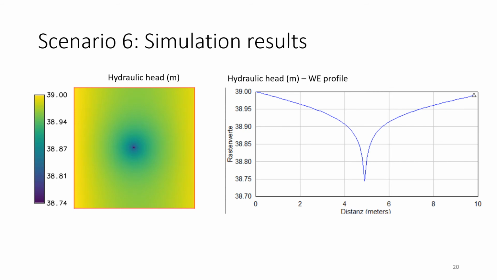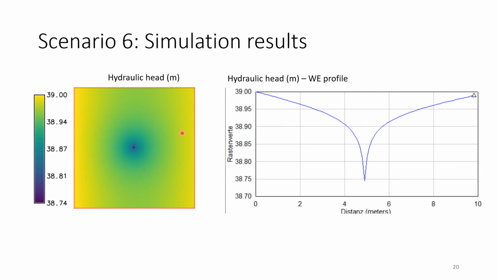So here again, you're seeing two figures, so I'm not hiding anything from you. We have the 2D hydraulic head. We have 39 meters here. Well, because now remember we're just on a 10 meter scale, so of course the hydraulic gradient is way less because it's 1%. So on 10 meters, it's just 0.1 meters.